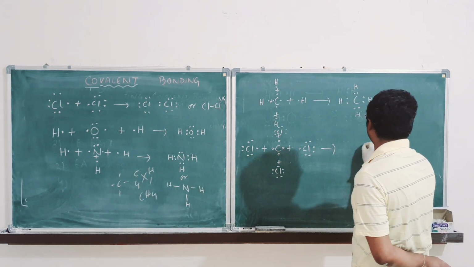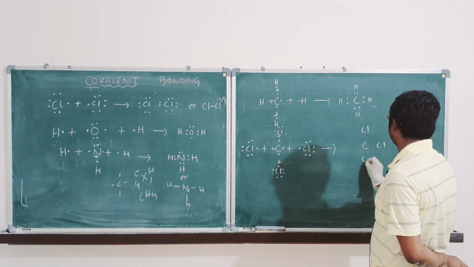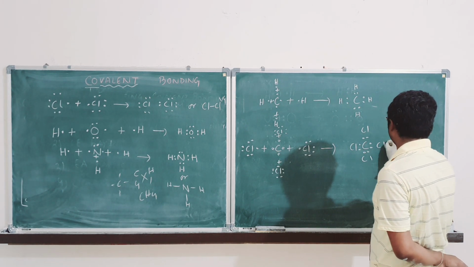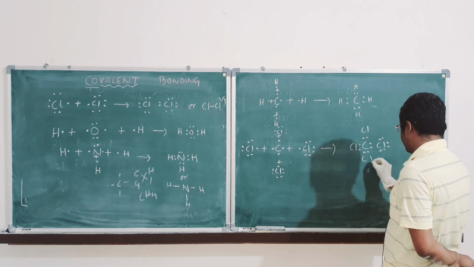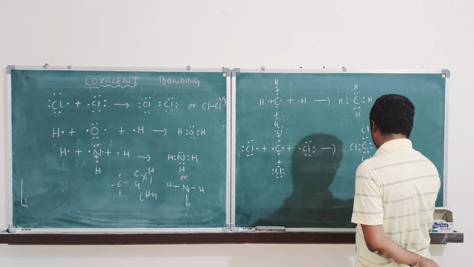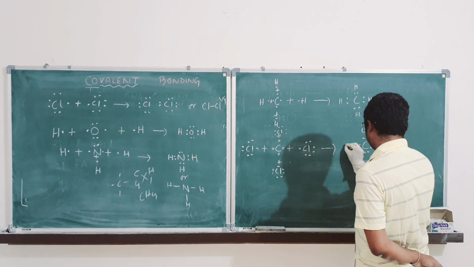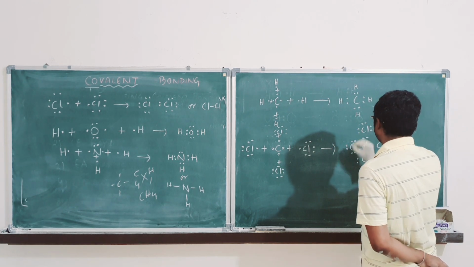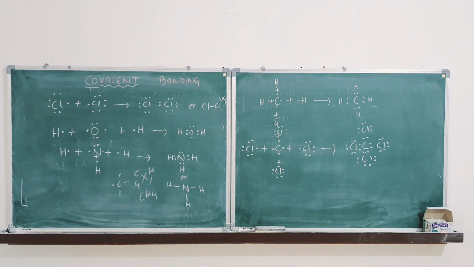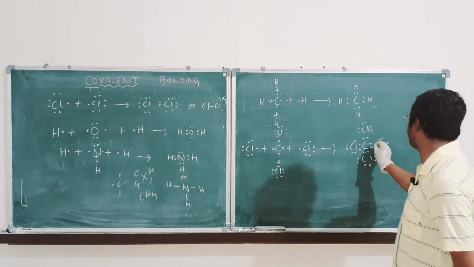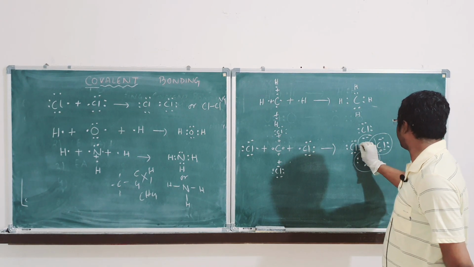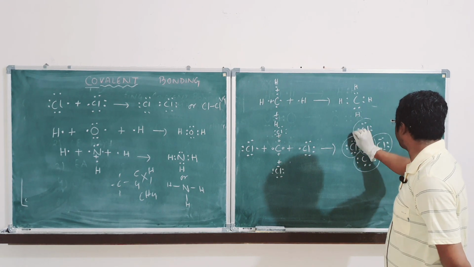So you will get C with Cl Cl Cl Cl. Clear? So this is how you have to show the electron dot diagrams. See, everybody is having 8 electrons. Everybody is so happy. Carbon 8 electrons, chlorine 8 electrons like this.